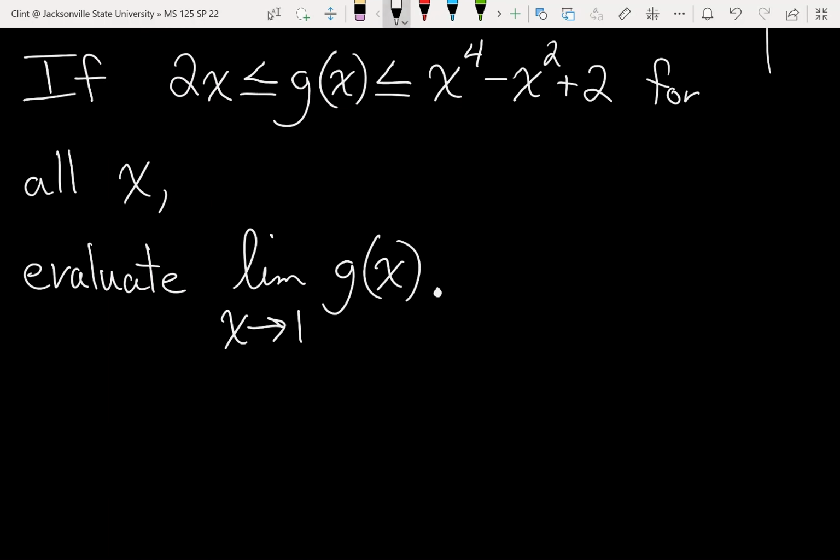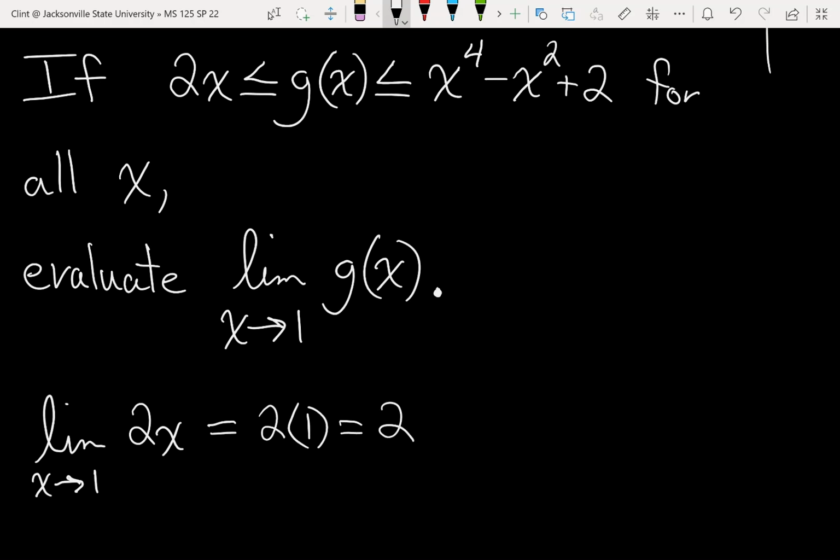We want the limit as x approaches 1 of 2x, the smaller function. That one we can just use direct substitution. We get 2. Then we want to check the limit as x approaches 1 of the bigger function. If they're the same, we can use the squeeze theorem.